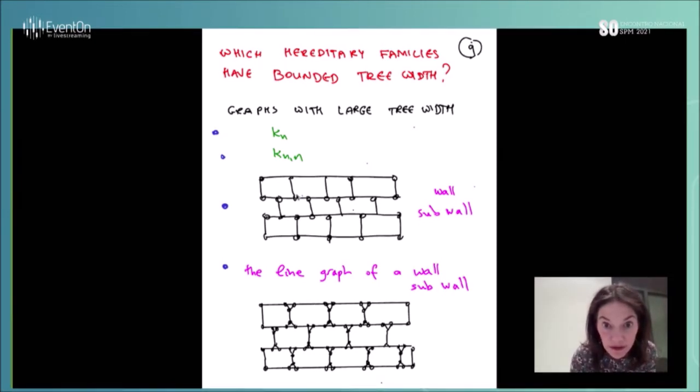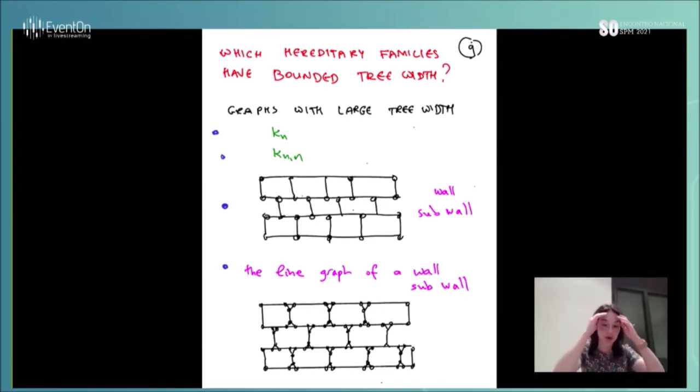A wall is this graph. I'm not going to tell you exactly what it is, but it's a cubic graph that looks like this. And so for minors, that's enough. If you forbid the big clique and this, then you're guaranteed to have bounded tree width. But for induced subgraphs, it's much more complicated because it's much harder to not contain a minor than to not contain an induced subgraph.